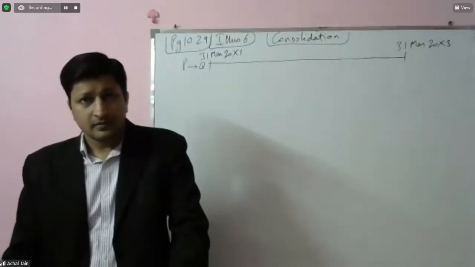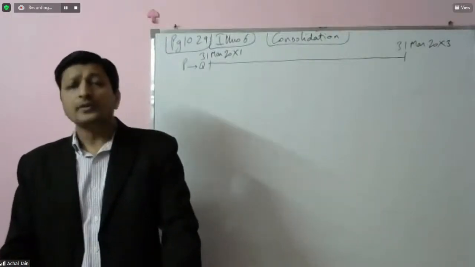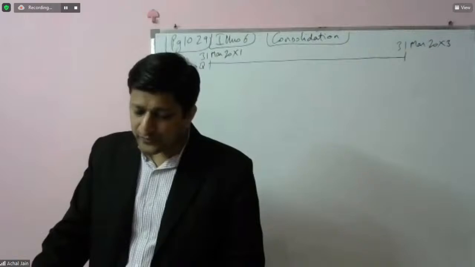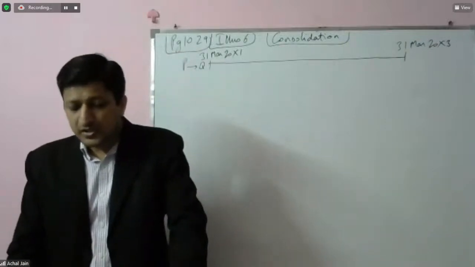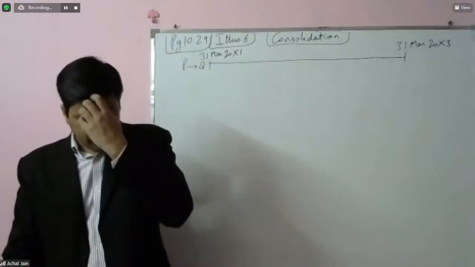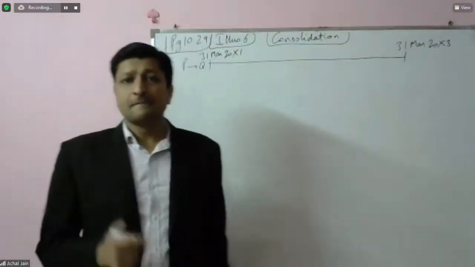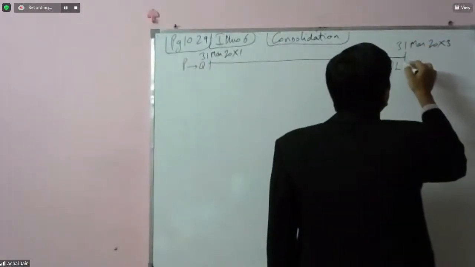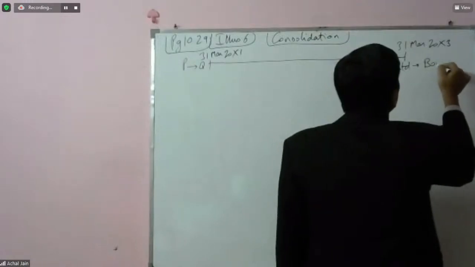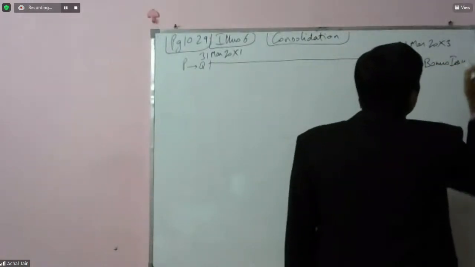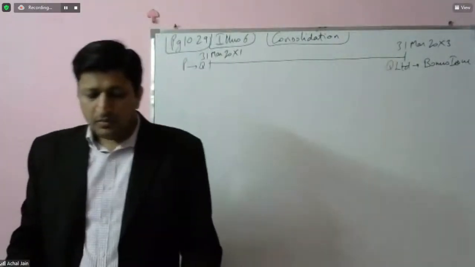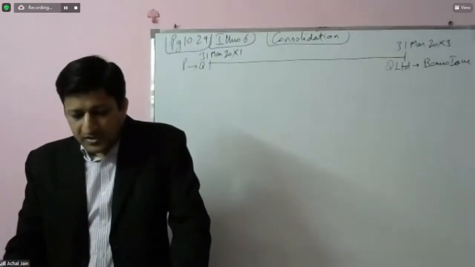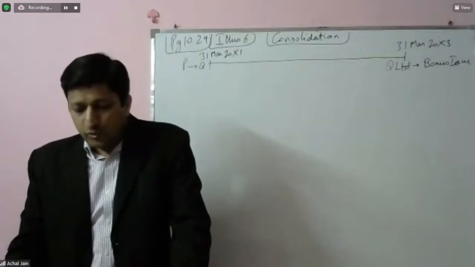Directors of Q Limited made a bonus issue on 31st March X3 in the ratio of 1 equity share of ₹10 each fully paid for every 2 equity shares held on that day. Means on 31st March X3, Q Limited has issued bonus shares. So there is a bonus issue on this particular day, and this bonus issue is in the ratio of 1:2.